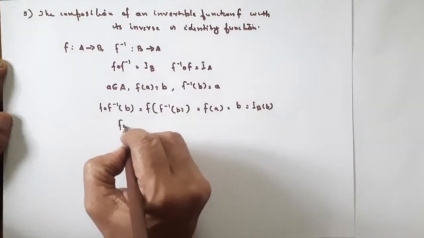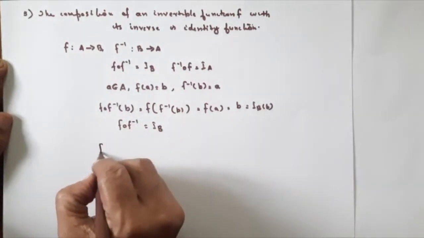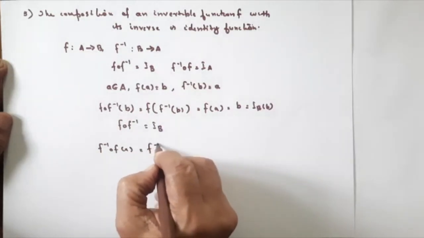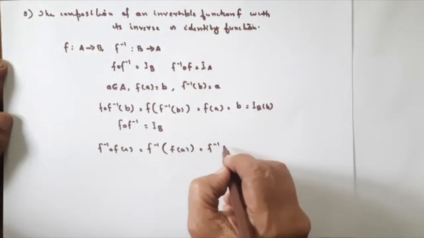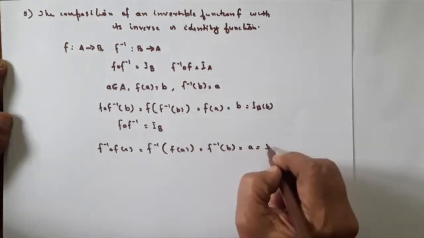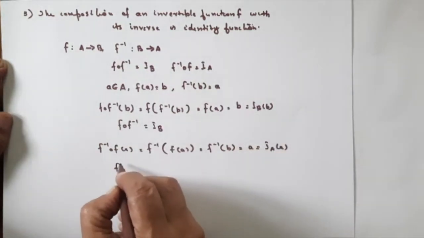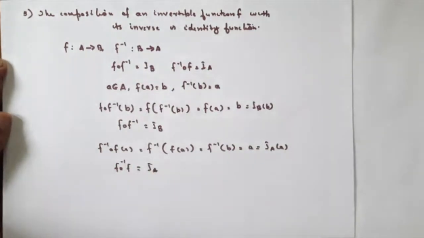Therefore, f dot f inverse equals I_B. And what is f inverse dot f of a? It equals f inverse of f of a, which equals f inverse of b, which equals a, which equals I_A of a. Therefore, f inverse dot f equals I_A.